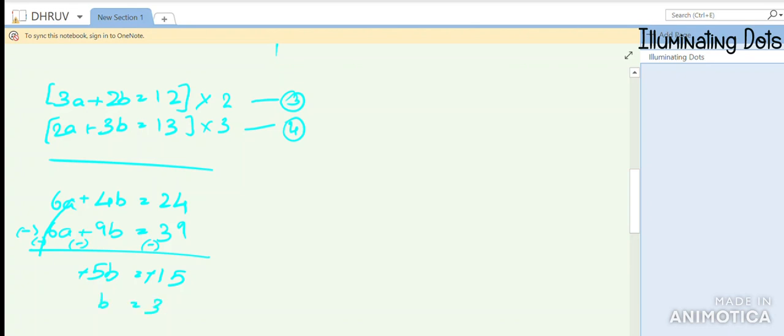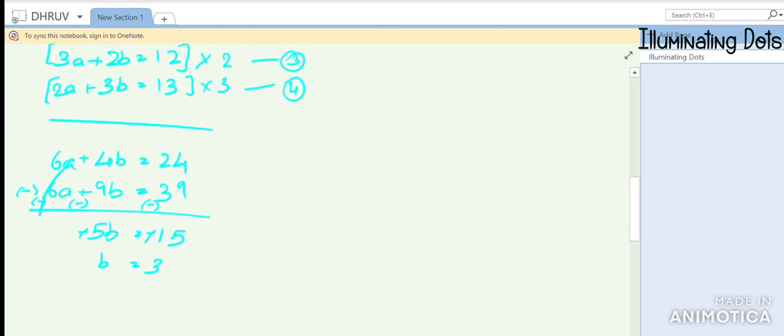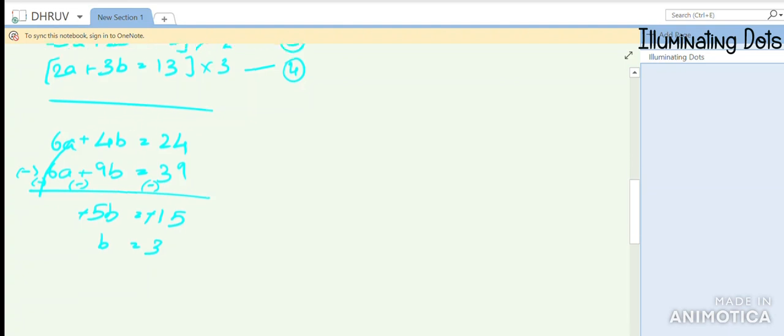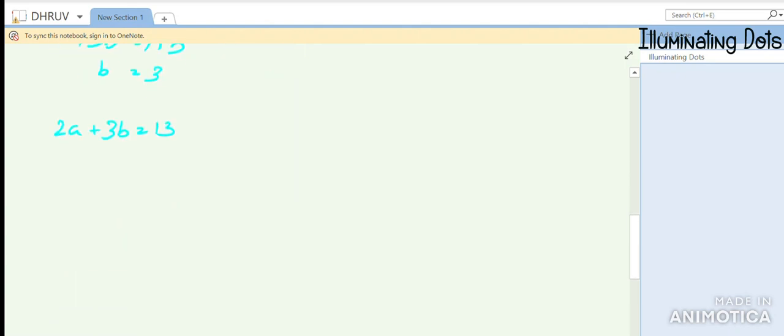And we have 2a plus 3b is equal to 13. So therefore 2a plus 3 into 3 is equal to 13. Therefore 2a plus 9 is equal to 13. Therefore 2a is equal to 4. Therefore a is equal to 2.